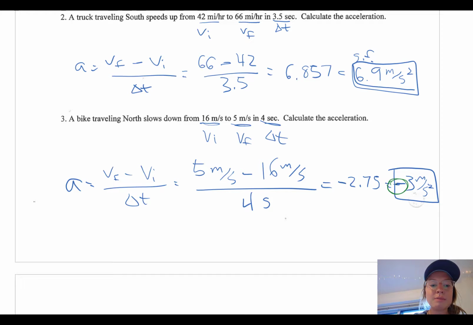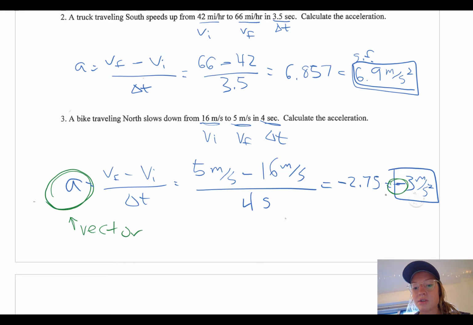Well, remember guys that acceleration is a vector, and so it has both magnitude and direction. So that negative right there indicates the direction of the acceleration. Because this bike is slowing down, it's going to be a negative acceleration. So that's why we have that negative right there.